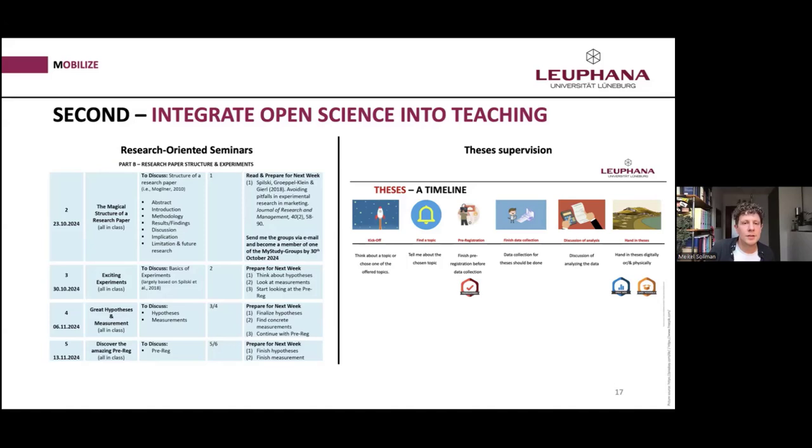And here's a syllabus of a seminar that I actually teach each winter term, and it's roughly based on the structure of a pre-registration and based on the steps that I just introduced. So first of all, we talk about the theoretical background. So we take a paper and then dissect the paper, whatever the paper is. But I ask students about globally reflecting the paper, then reflecting on it on a deeper level.